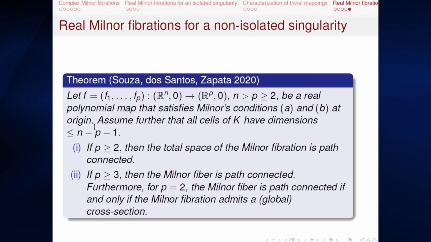If p is greater than or equal to 2, the total space of the Milnor fibration is path connected, and if p is greater than or equal to 3, the Milnor fiber is path connected. Furthermore, for p equal to 2, the Milnor fiber is path connected if and only if the Milnor fibration admits a global cross-section.